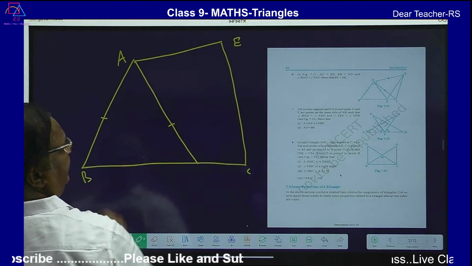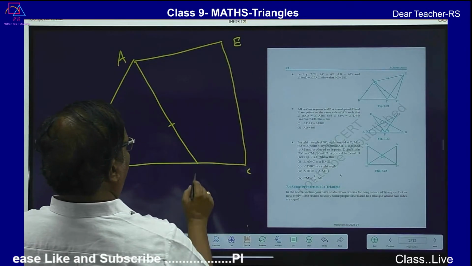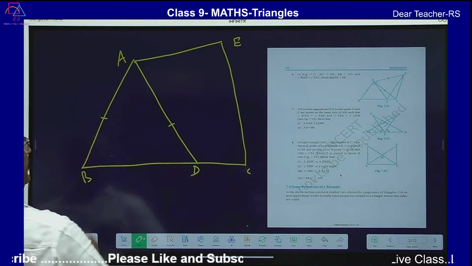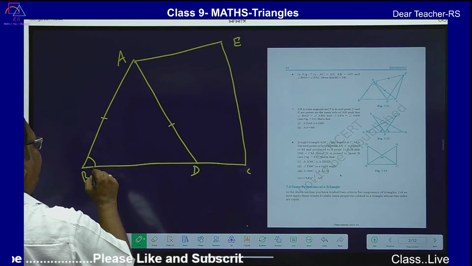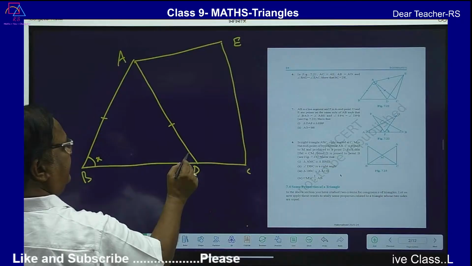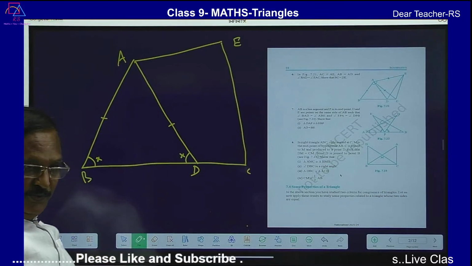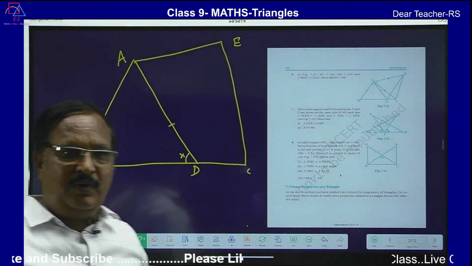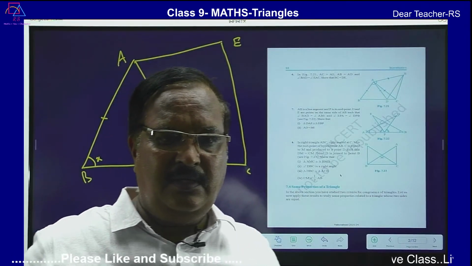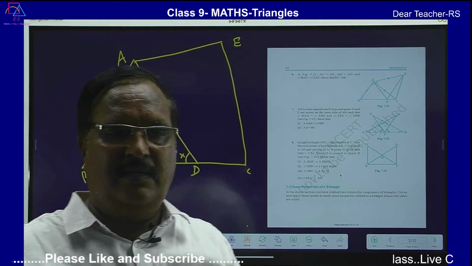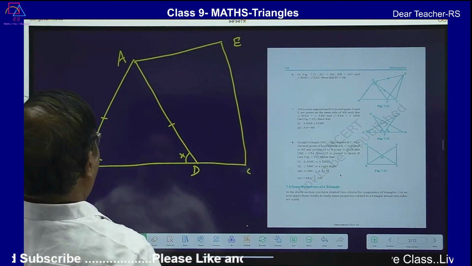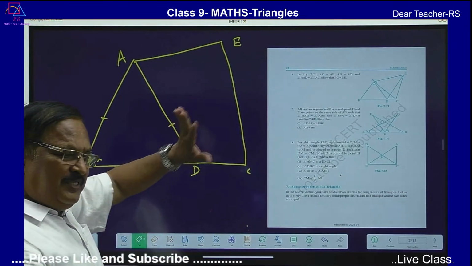These two sides are equal. AD is equal to AB. That means I am writing here x is equal to x. You have to write it; I am not doing it, I am just explaining it.